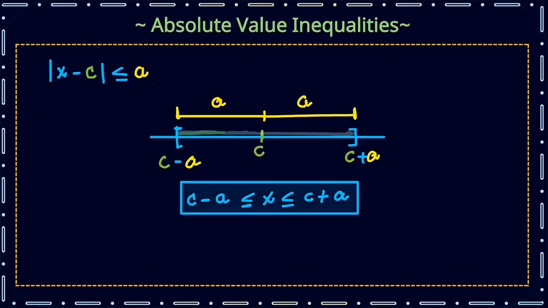Or you can write this as the interval c minus a, c plus a. Now please keep in mind that if a itself was not included, then we use parentheses for those boundaries. In that case, everything in between would only be the solution.